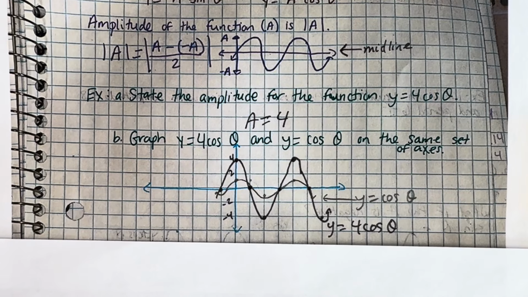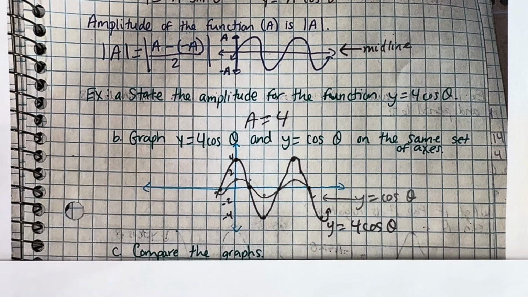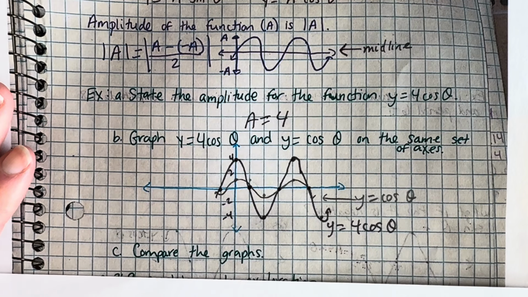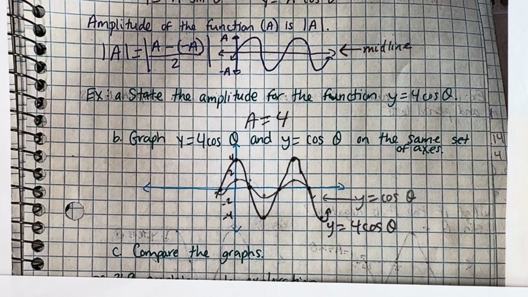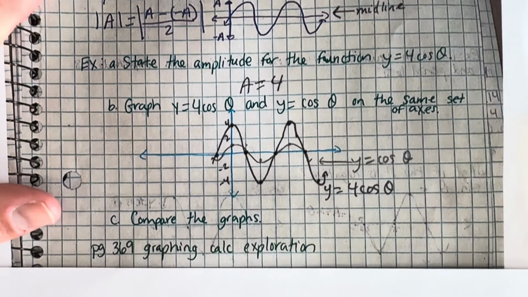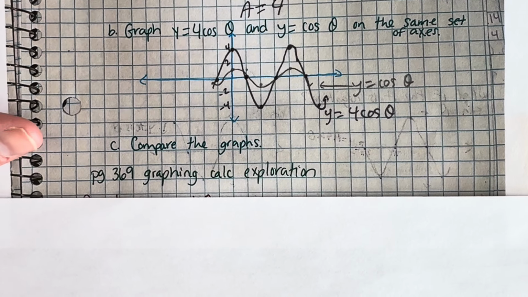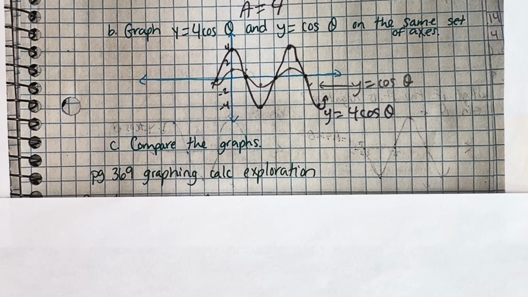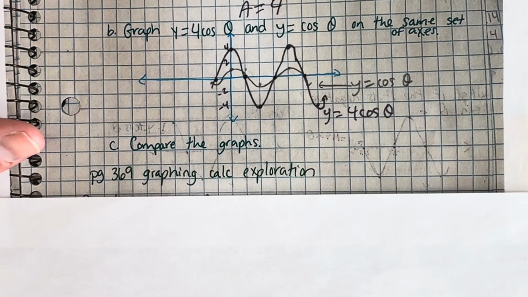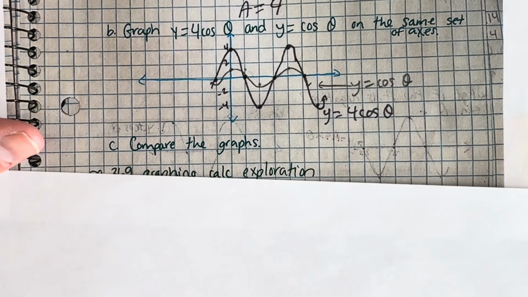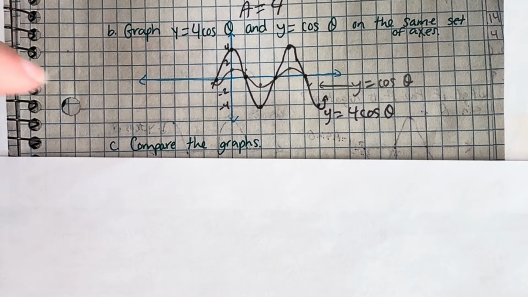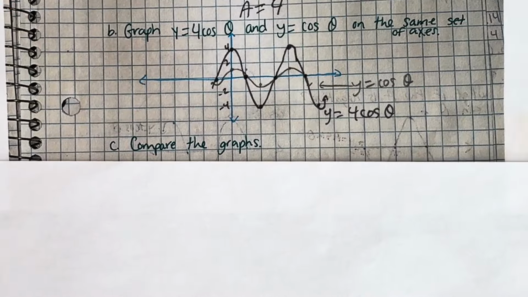So when we have an amplitude, it's just changing the min and the max. Okay? So if we're comparing the graphs, we are just looking at the difference between the min and our max. If you want to take a look at the graphing calculator exploration on 369, it's going to help you do a little bit of exploring with that. If you were to have a half, okay, you would only go up then halfway. That's how that one would work.